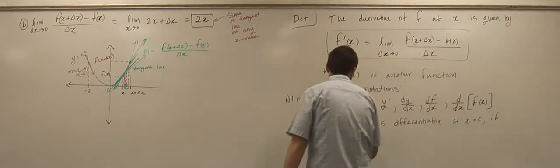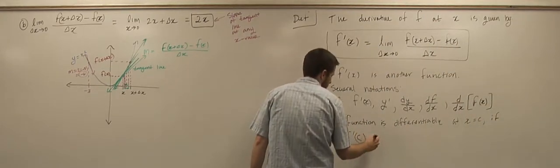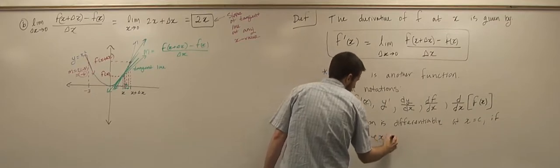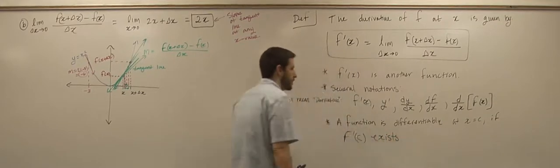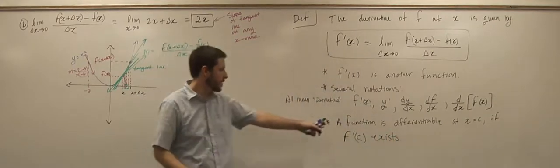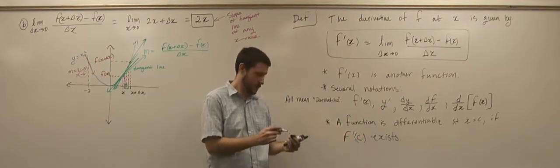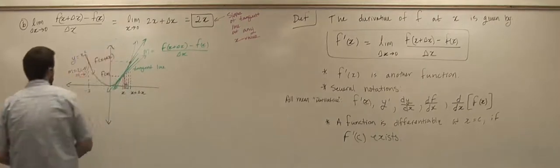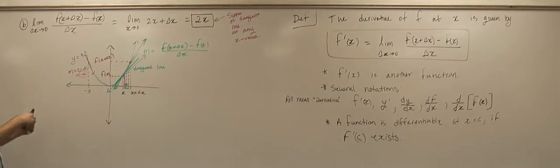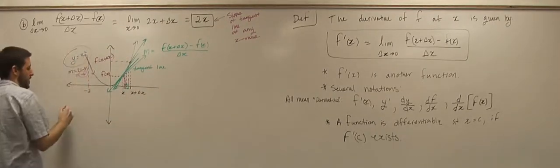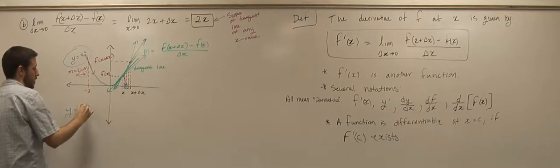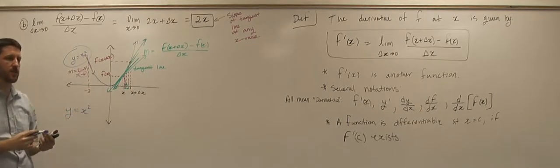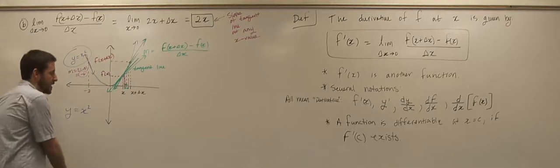If f prime of c exists. So the derivative of your function evaluated at c. So for example, x squared. Go back to this function here, y equals x squared. Where is this function differentiable? What does that question even mean?